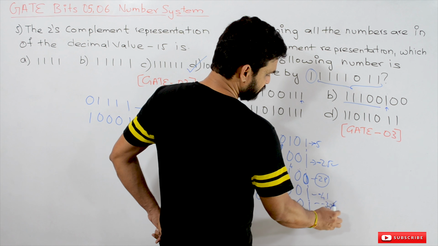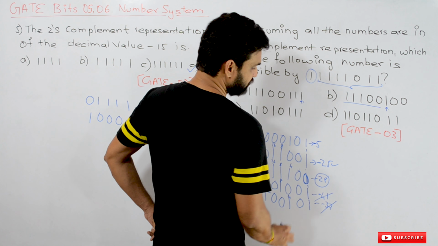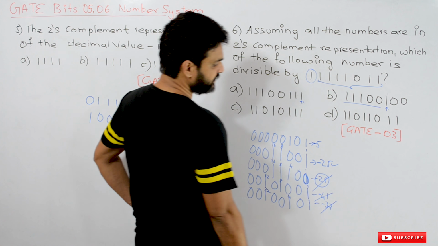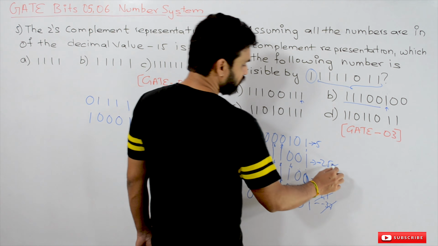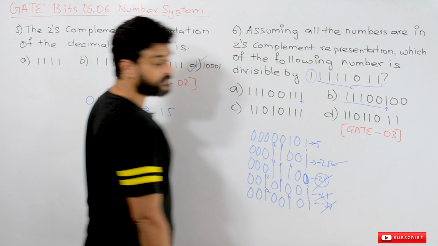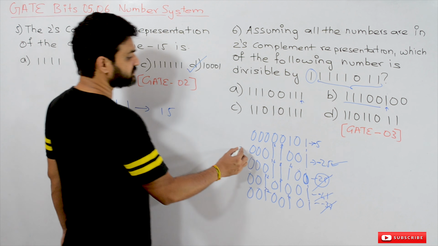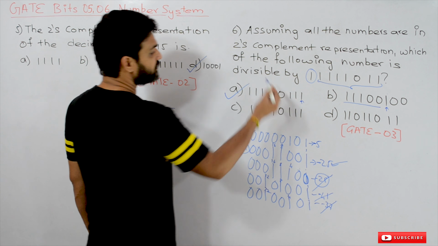Minus 37 is not divisible by 5. Minus 41 is not divisible by 5, and minus 28 is also not divisible by 5. The only number divisible by 5 is minus 25. So the right option is A.